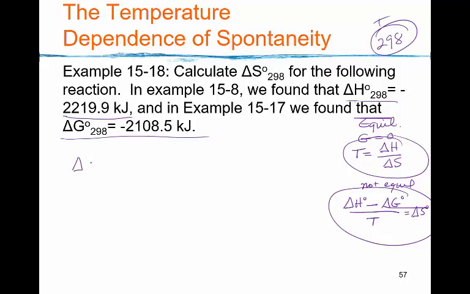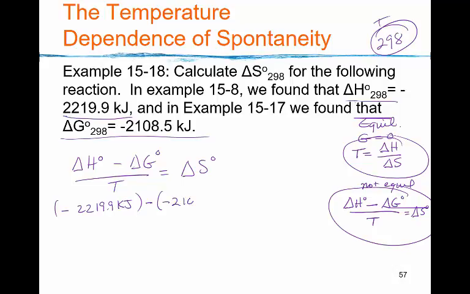So all we do is plug in. We're going to use delta H 0 minus delta G 0 divided by T equals delta S 0. So our delta H is negative 2219.9 kilojoules minus delta G, which is a minus 2108.5 kilojoules, divided by the temperature, and the temperature is in Kelvin.